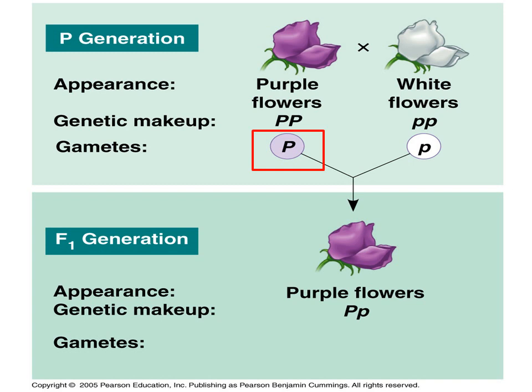It will only have a big P. If we looked at the white flower, it originally had 2 little p's. If you take that through meiosis 1 and 2, and you looked at the gamete, you would only produce a little p. So that's the question that I'm asking.